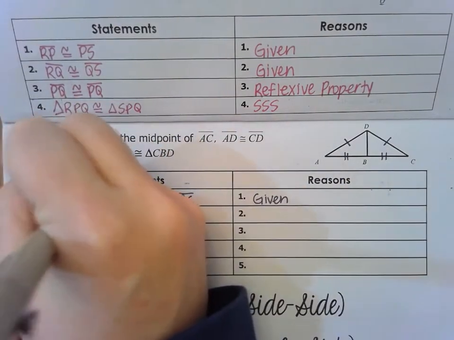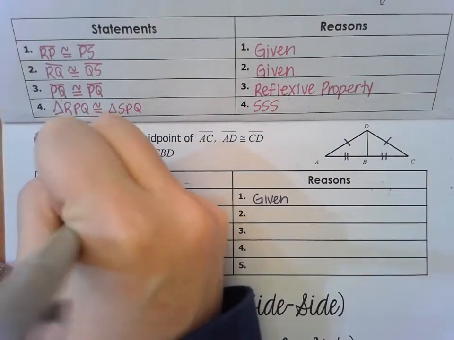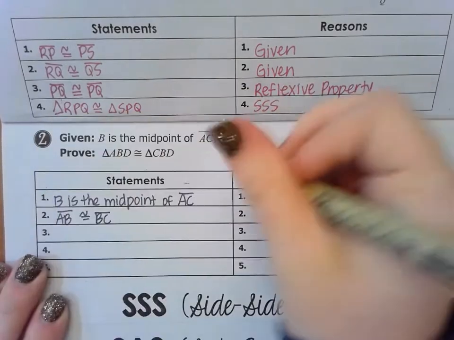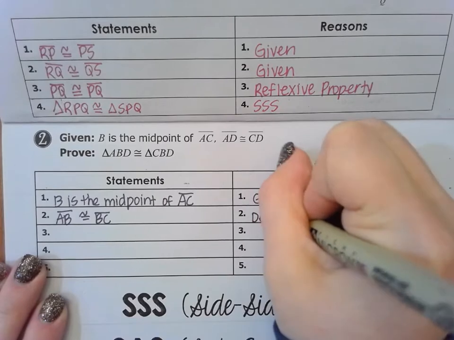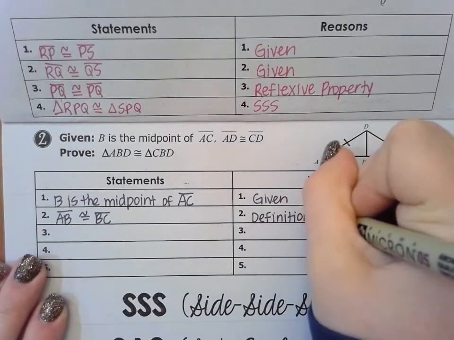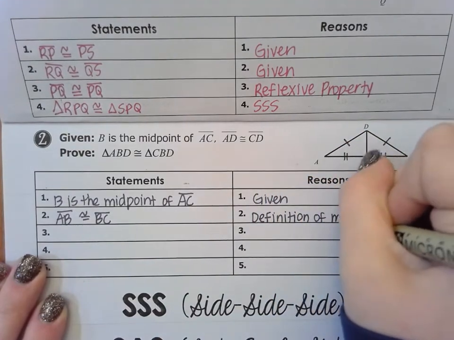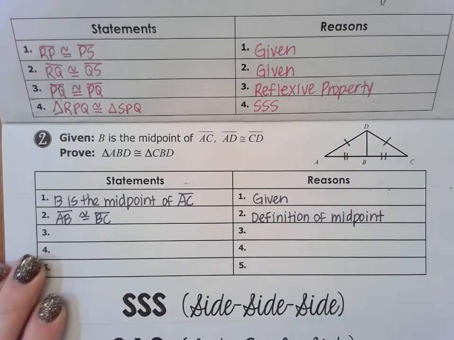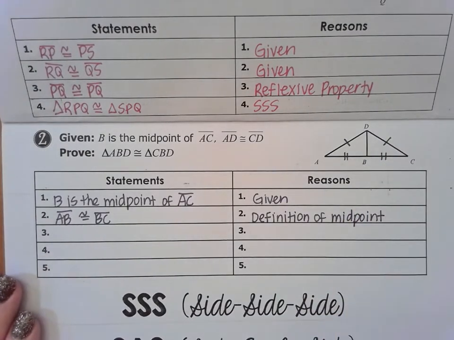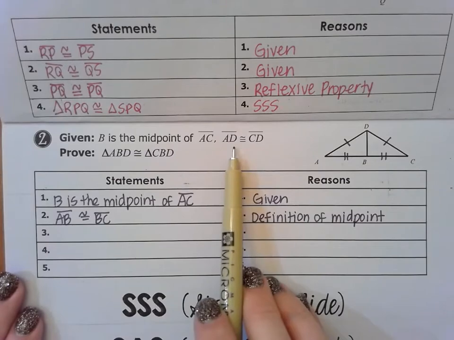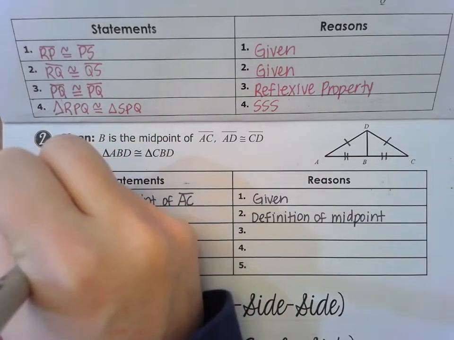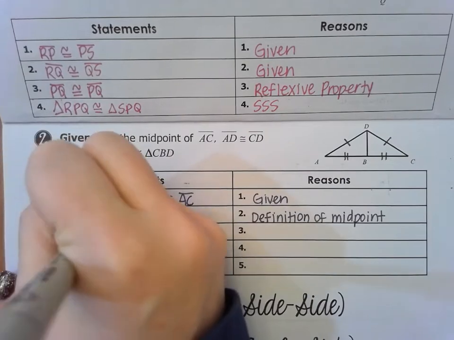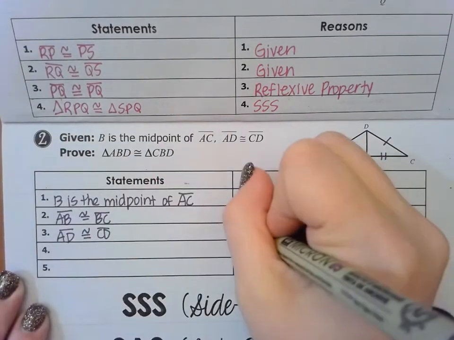So we know AB is congruent to BC by definition of a midpoint. Now we can state our other given, and that's that AD is congruent to CD. That's given.